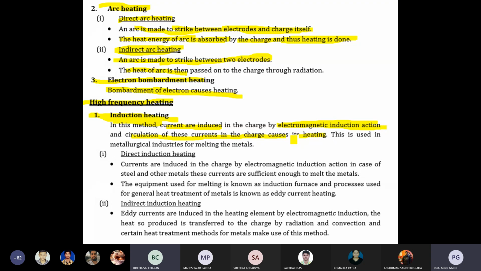The charge means your melting material. Due to induction, current circulates through the charge material, so inherently I squared R, meaning joule heat, will be developed, which causes melting of that material. This is used in metallurgical industries for melting of metals.